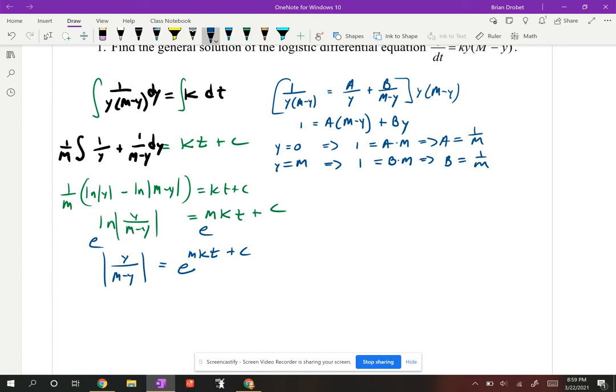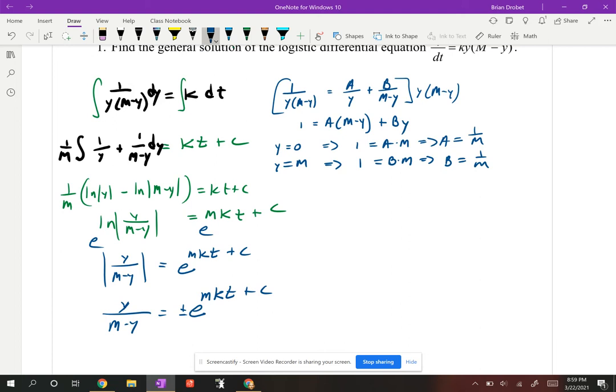I'm going to drop the absolute value by applying plus or minus to the other side: y over m minus y. Let me fix that. Y over m minus y is equal to plus or minus e to the mkt plus c.